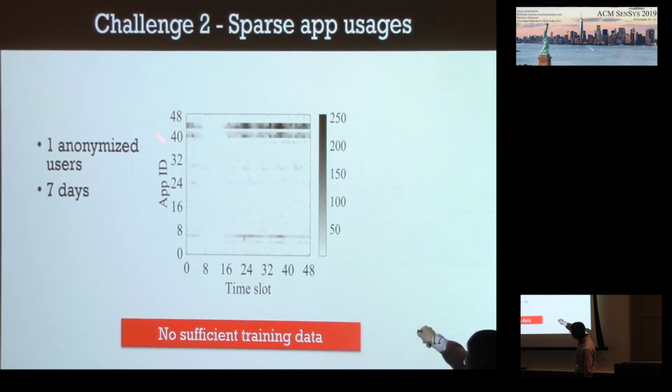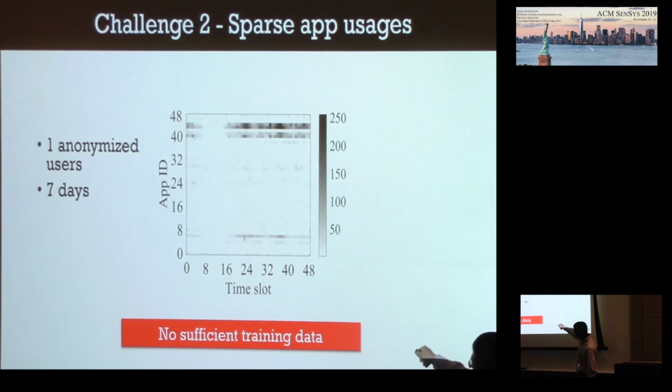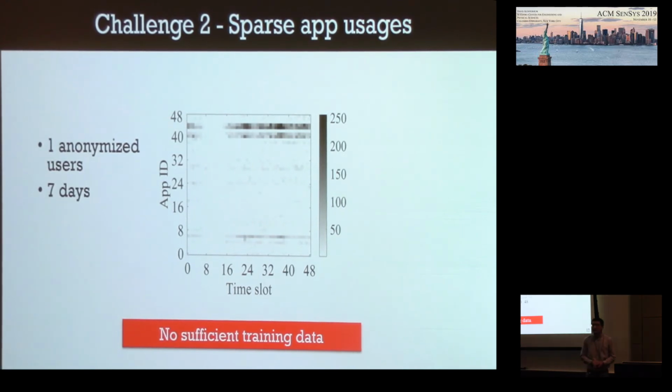The y-axis is the application ID. We can see that for one user over 7 days, the user mostly uses these applications. For the rest of the applications, the user rarely touches them.